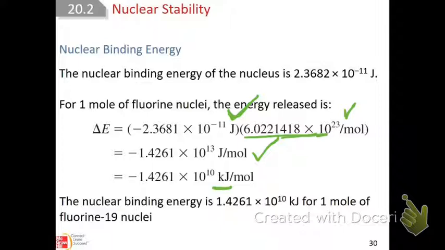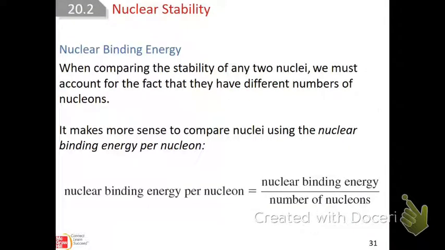Now if you multiply that times how many moles of uranium, in the case of the bomb being dropped on Japan, were dropped in the bombs on Japan, that equals a huge amount of energy that's being released. So let's talk about that.